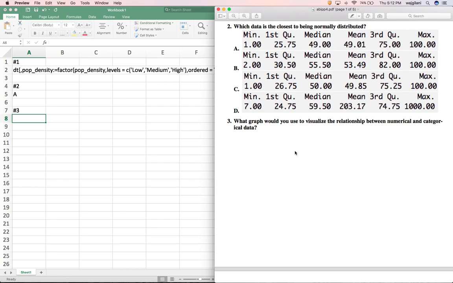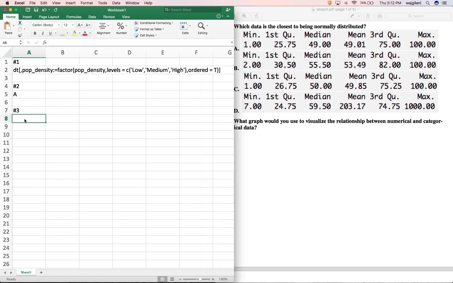And the answer is box plots, right? Good old box plots, right? What's going to go on the x-axis? Your categorical data will go on the x-axis, and your numerical data will go on the y-axis.